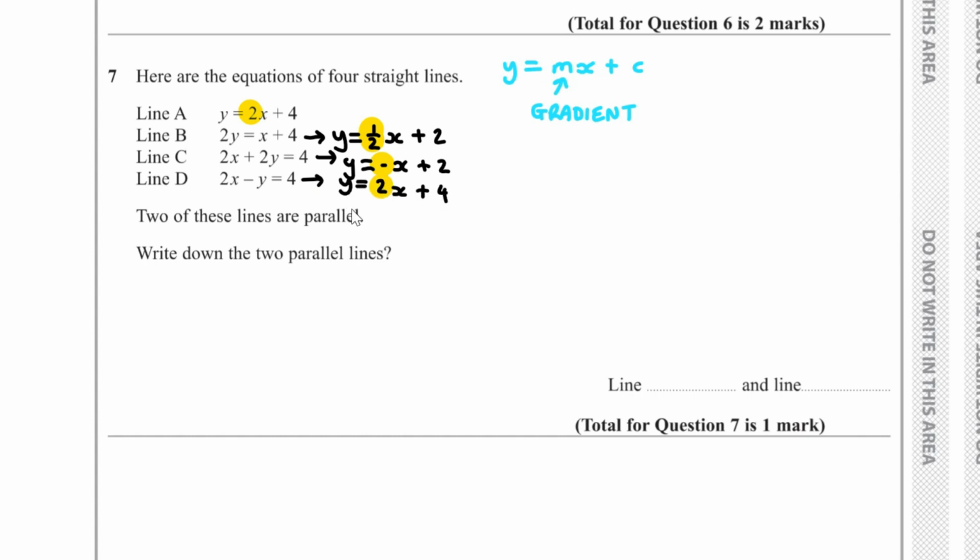Here the gradient is 2. So therefore, the two lines which have the same gradient, of course, this is what we mean by parallel lines, you can see the ones with the same gradient are A and D.